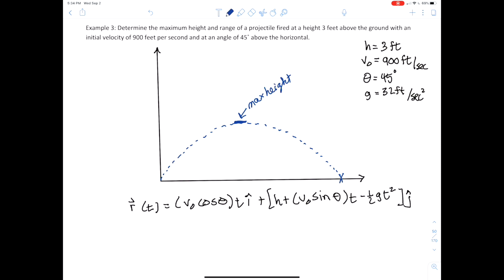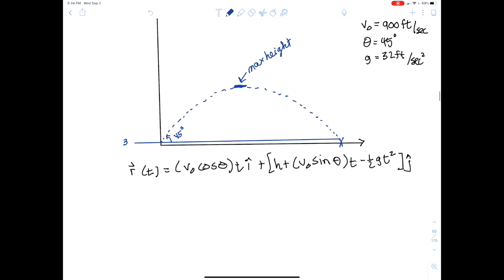And then basically we took a look here. This was 3 feet, and this right here, our angle theta, was 45 degrees from that. Groovy? Okay, so let's see what we get when we plug all our stuff in.